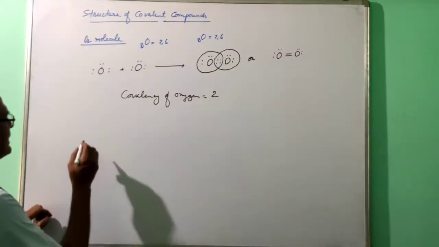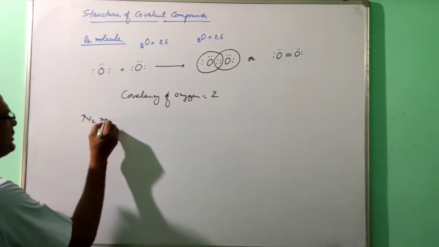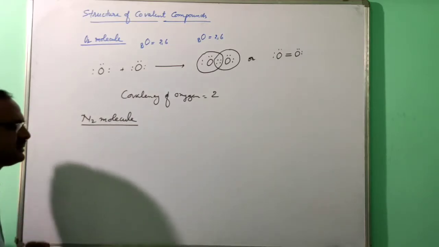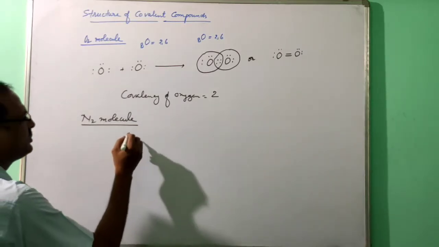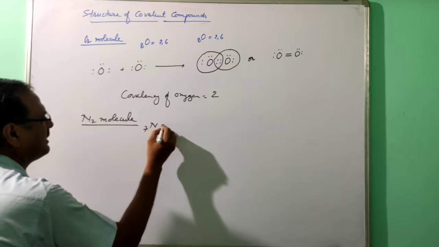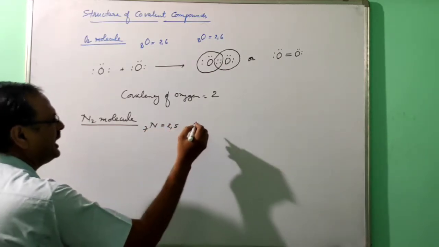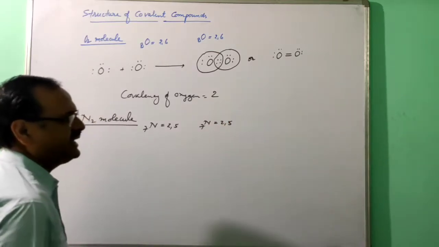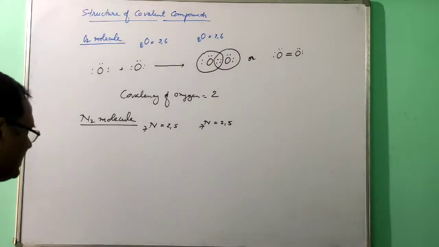Now the next structure is the nitrogen molecule. In the nitrogen molecule, 2 nitrogen atoms are there, that is 2, 5. Another nitrogen atom, 2, 5. It needs 3 electrons to complete the octet.